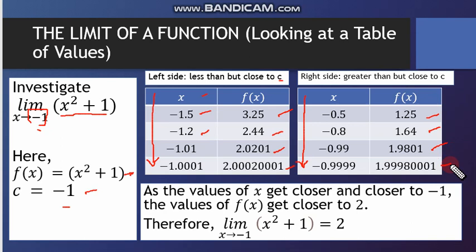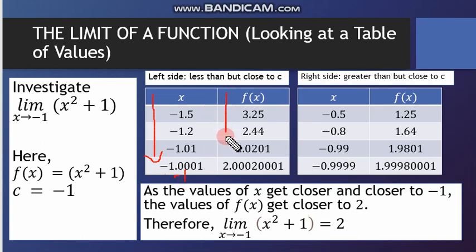Okay, so let's determine the limit of the function. As the x values get closer and closer to negative 1, or our c, the f of x approaches the value of 2.